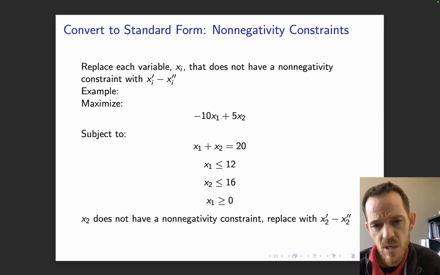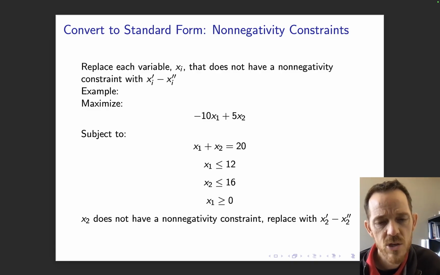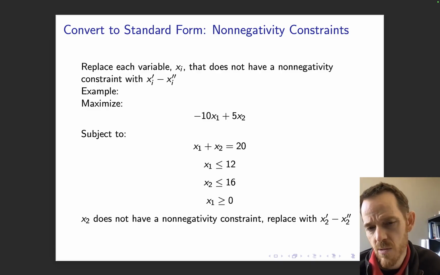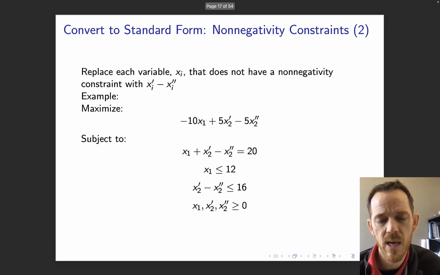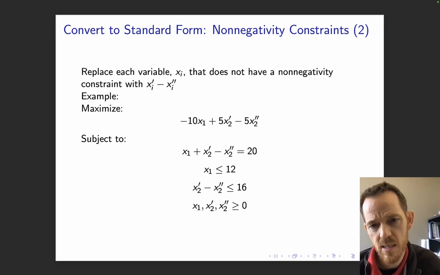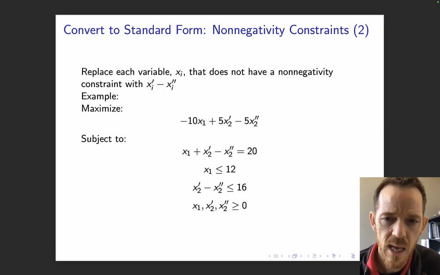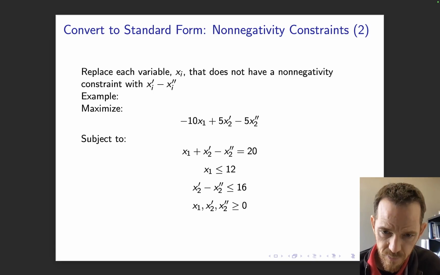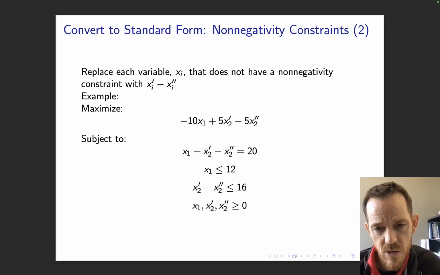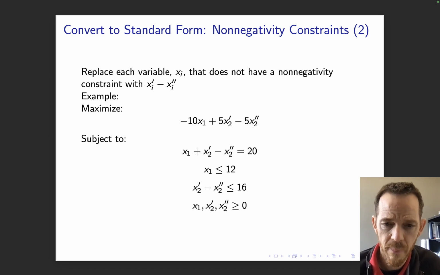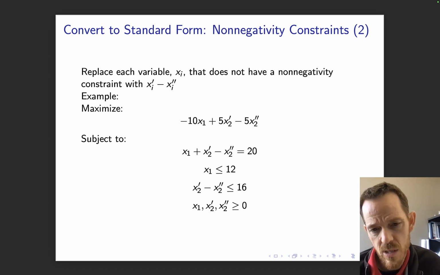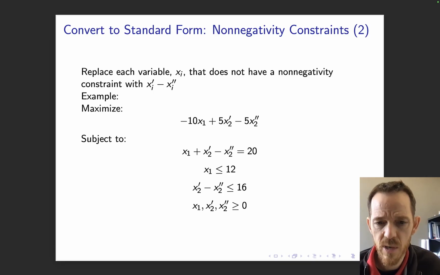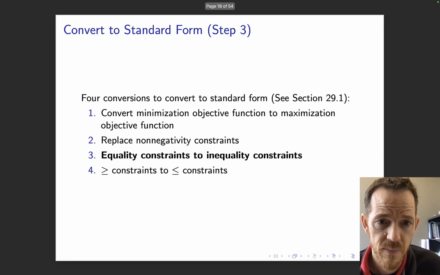So here, x sub 2 does not have a non-negativity constraint in the original problem, and so we need to introduce one. And so while there were only two variables initially, now we have three, replacing all x sub 2's with x prime sub 2 minus x double prime sub 2. And then we're distributing coefficients accordingly. And then we also introduce that both x prime sub 2 and x double prime sub 2 are subject to non-negativity constraints.